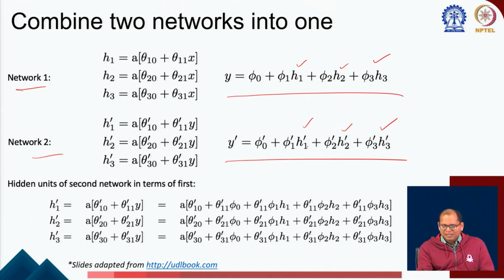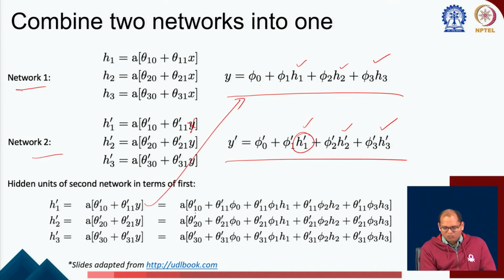Now, let me write h1 prime as theta prime 1 0 plus theta prime 1 1 y, because I want to get rid of y now. I want to write in terms of x and the h's. So, y is this. So, I substitute for y.